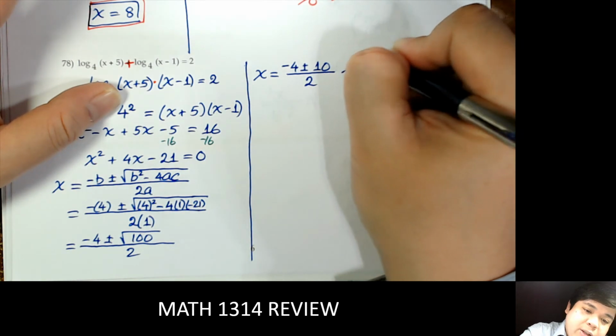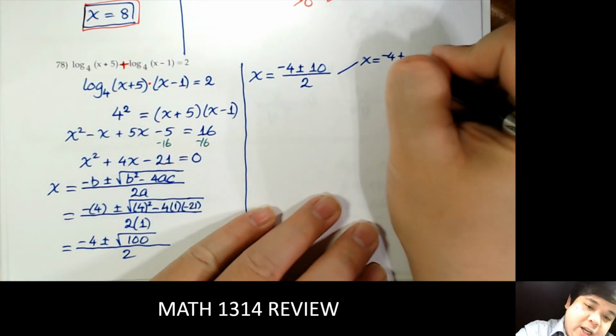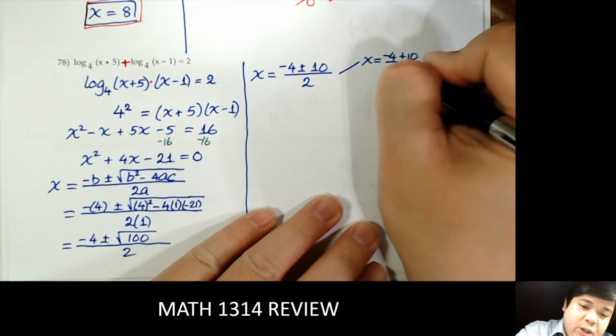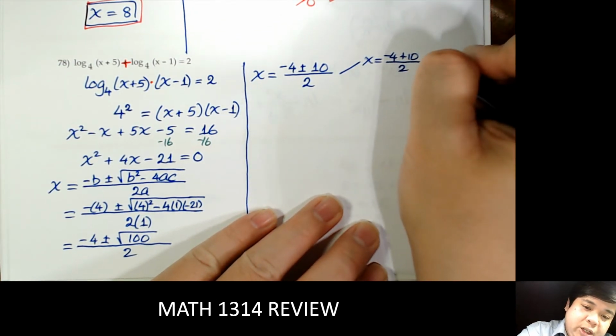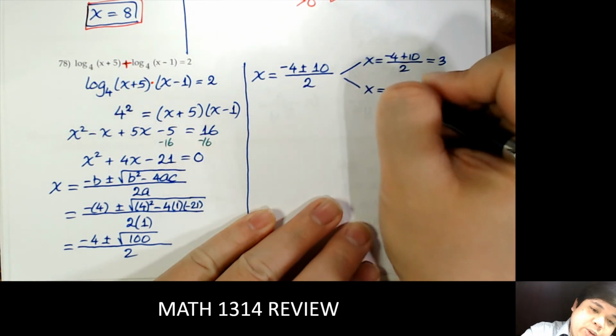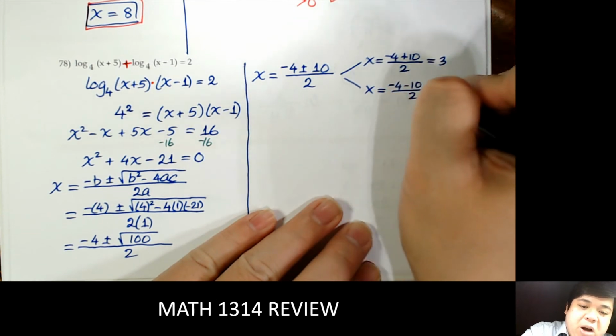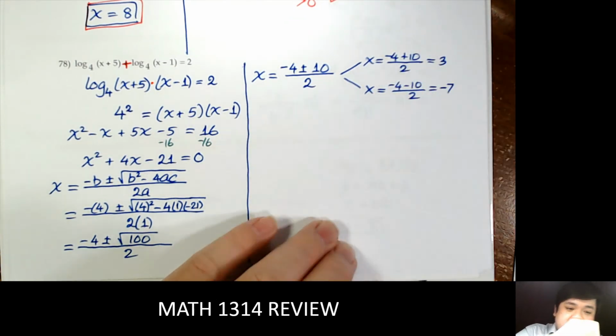So x equals negative 4 plus 10 divided by 2. So that's 6 over 2, which is 3. And then x equals negative 4 minus 10 divided by 2, negative 14 divided by 2 is negative 7.